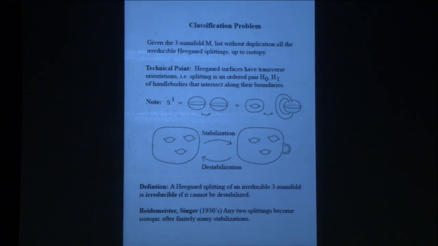There's a splitting surface, but we know which is the first side and which is the other side. Said another way, a Heegaard splitting corresponds to a splitting surface together with a normal orientation pointing from the zero side to the one side. So that's what we mean to classify up to isotopy.